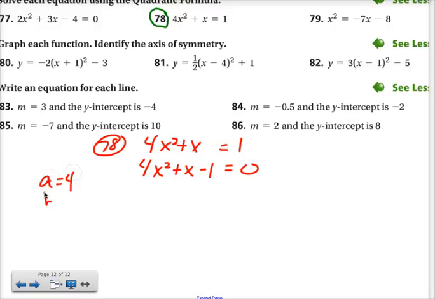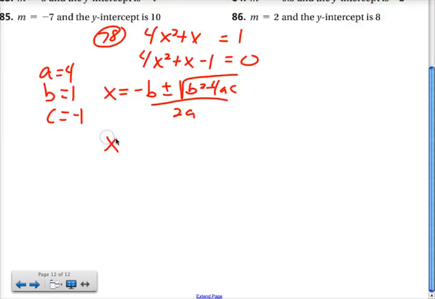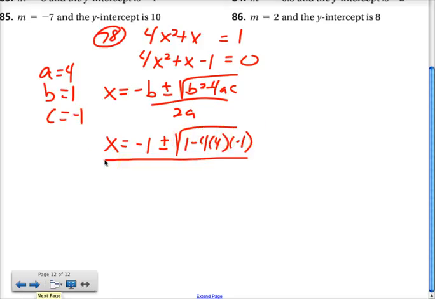So a is 4, b is 1, and c is negative 1, and x equals negative b plus or minus the square root of b squared minus 4ac all over 2a. So let's see what we have here. x will equal negative 1 plus or minus the square root of 1 squared is 1 minus 4 times 4 times negative 1 all over 2 times 4 is 8.